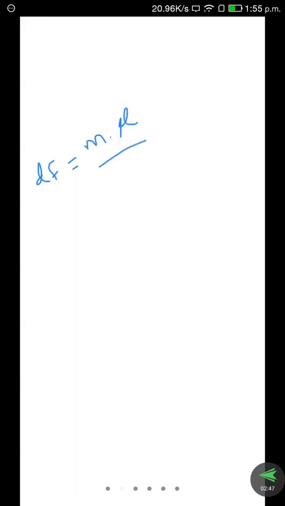Maybe there is some confusion, so dF is equal to m into mu by 4 pi r square into I variable, dl variable, and sin theta also variable, because the angle is not constant; it will be circulating around the 360 degrees. So we are separating the constant terms and the variable terms.